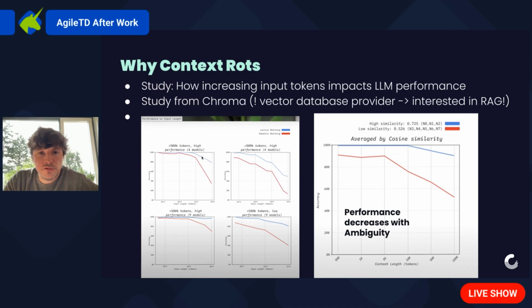And in blue, you can see the lexical matching, which means the same keywords are being used to describe the same phenomena. But in the semantic matching case, you use different keywords that are semantically similar.